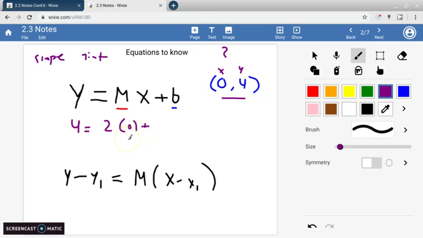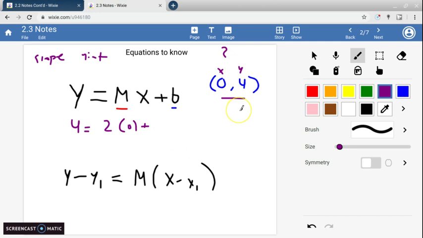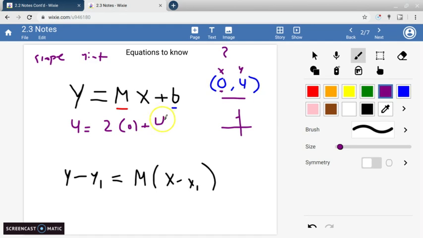It doesn't really say what the y-intercept is, but we know that it's 4 because whenever you have a y-intercept, it's where it connects to the y line, and anytime that is, the x always has to be 0. Since the x is 0, that means that the y is 4 for the y-intercept.